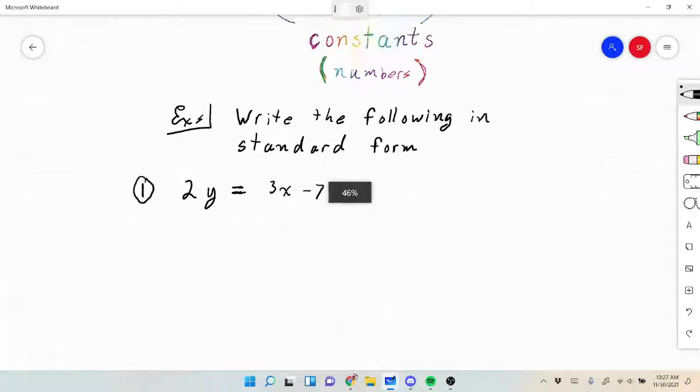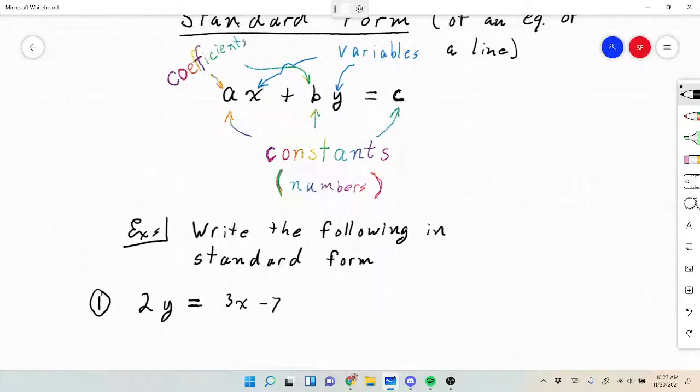In basic plain English, that means we want all the variables over here and we want the constant by itself on the other side. We also, generally speaking, don't want any fractions, which I'll show you how to get rid of in a minute.